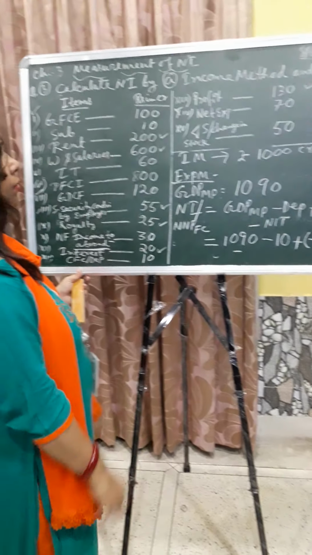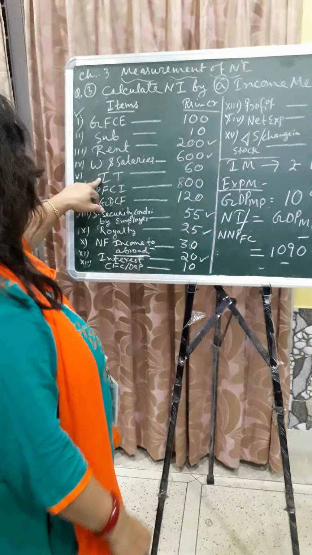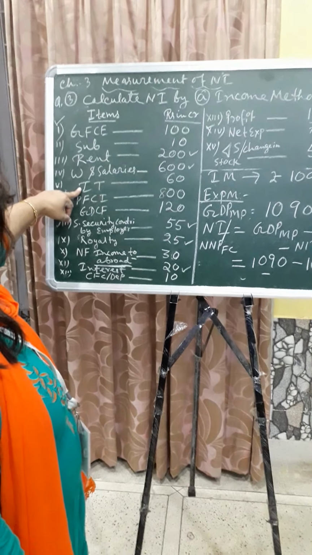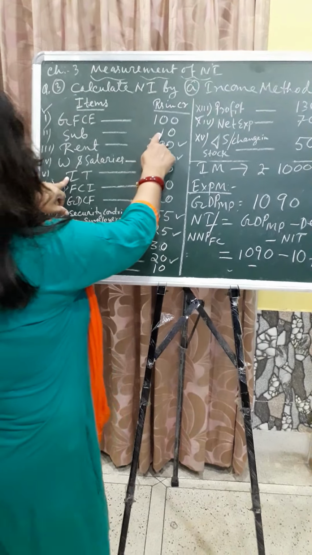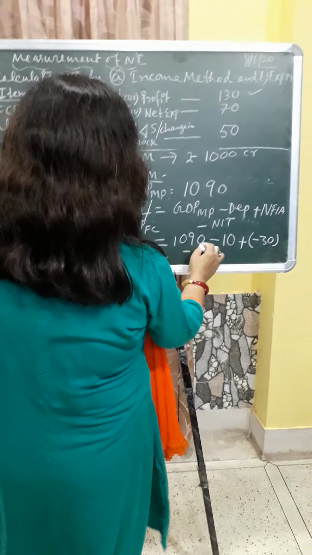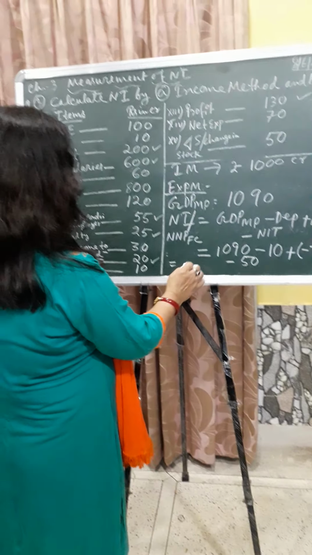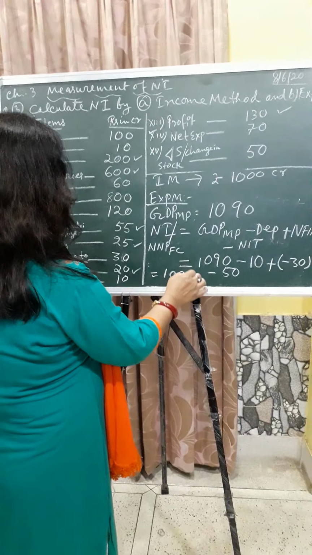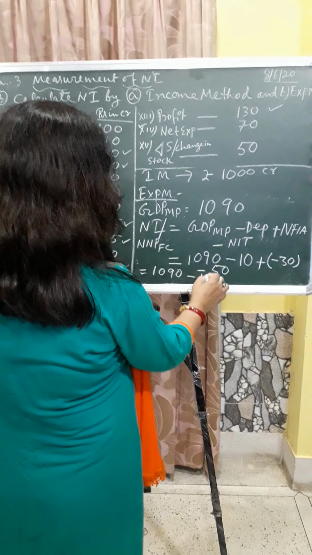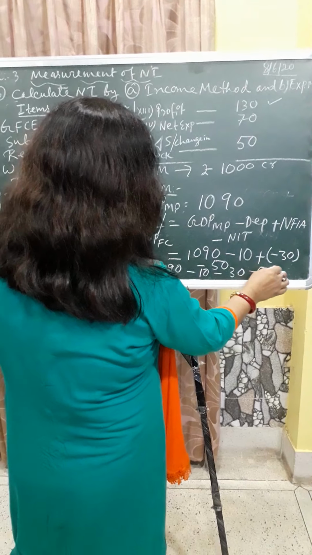Minus net indirect tax, that is IT minus subsidy: IT 60 and subsidy 10, so 60 minus 10 is 50. Now calculate: 1090 minus 10 plus minus 30 minus 50.